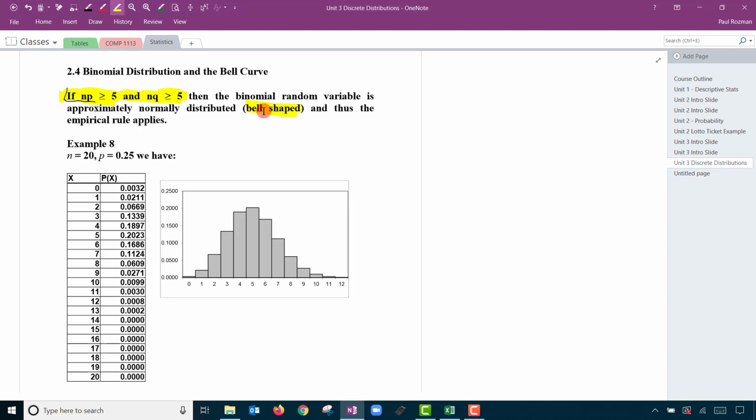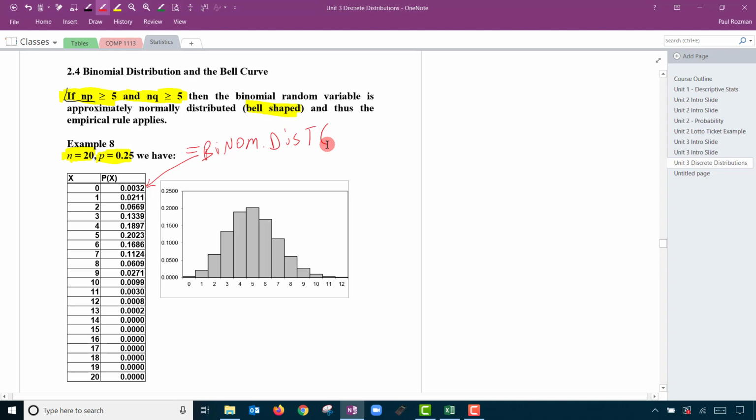There's a quick example here that's supposed to convince you of this. I did an example where I said, let n be 20 and p be 0.25. Then I typed binom.dist, starting with an equal sign.